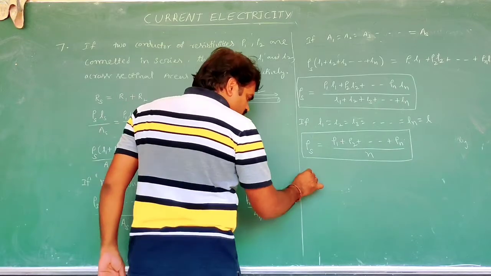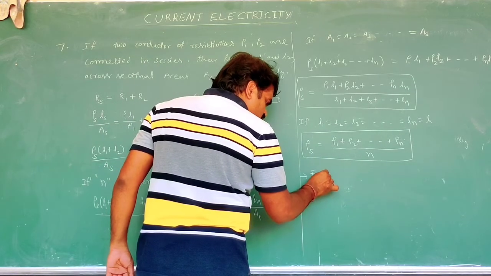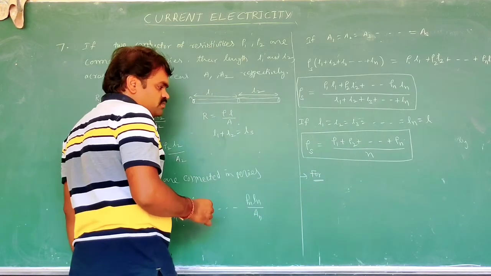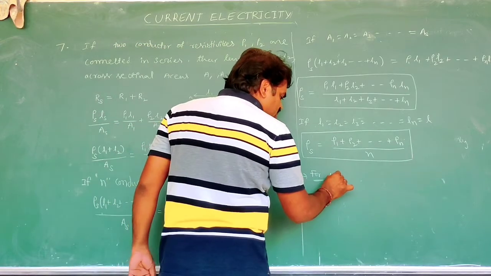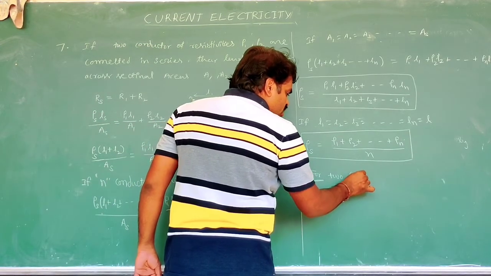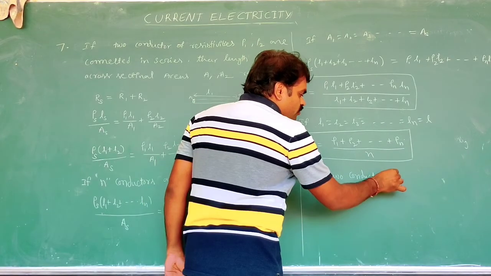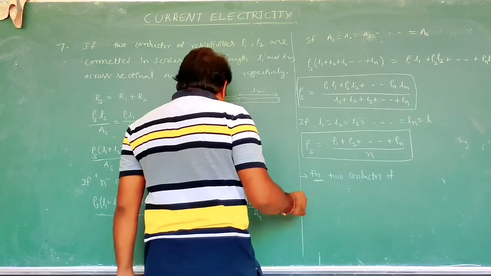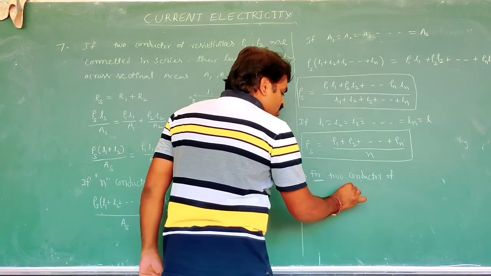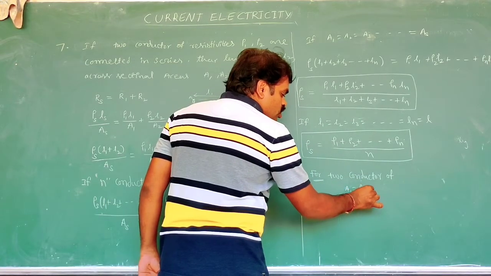For most of the questions, they ask for two conductors. If for two conductors the areas of cross sections are equal, A1 is equal to A2 is equal to As.